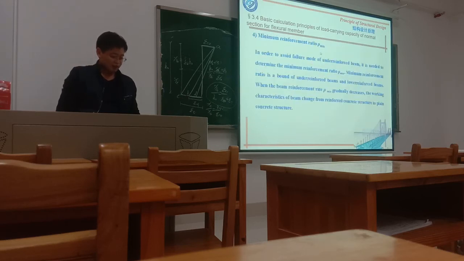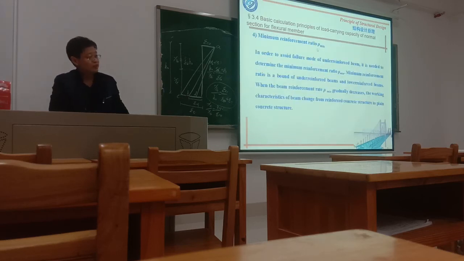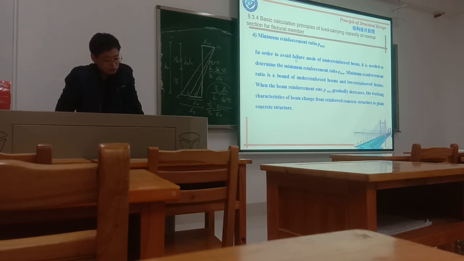So how to get this minimum reinforcement ratio? In order to avoid the failure mode of the under-reinforced beam, it's needed to determine the minimum reinforcement ratio. The minimum reinforcement ratio is the bound between the proper reinforcement and the under-reinforcement.